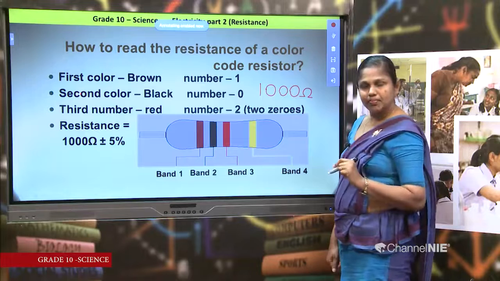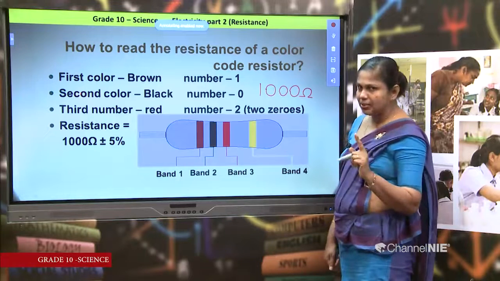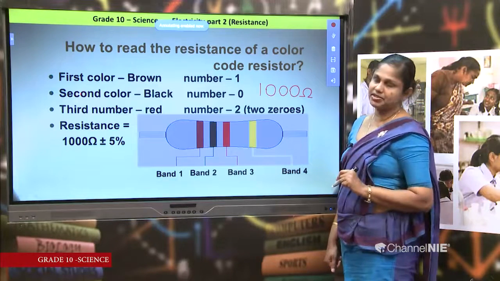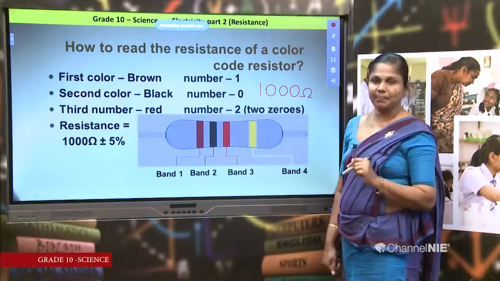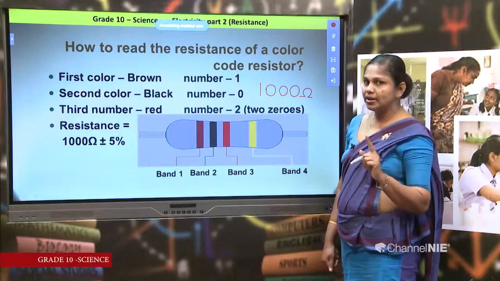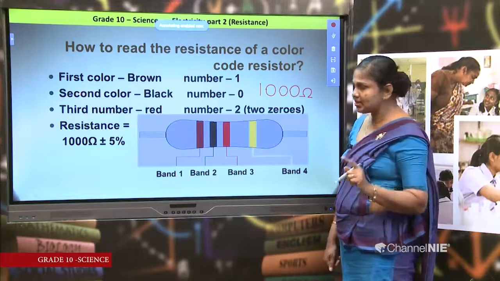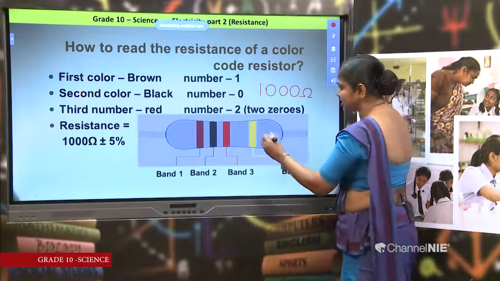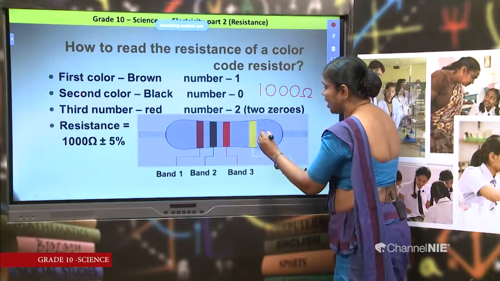If the fourth color band is silver, the tolerance percentage is 10%. Here the fourth color band is gold, children. That indicates the tolerance percentage here is 5%.